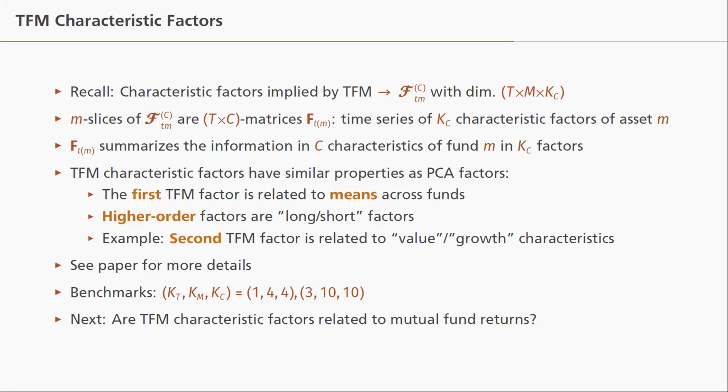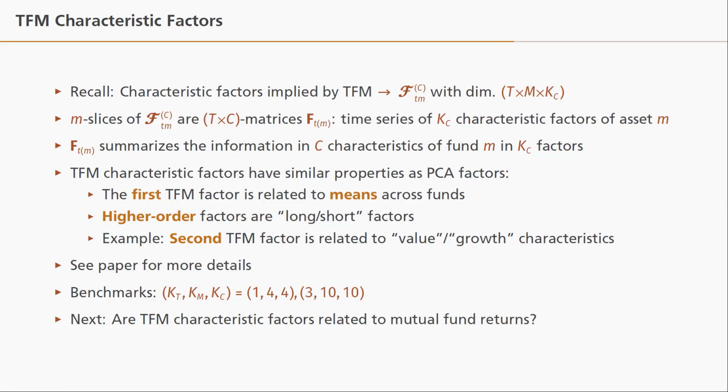These were the factor tensor, and then this would be the matrix of KC factors observed over time of fund M. So I would have capital M of these factor matrices. These factors have also similar properties. The first factor is related to means across funds and so on, similar to the V matrix version.